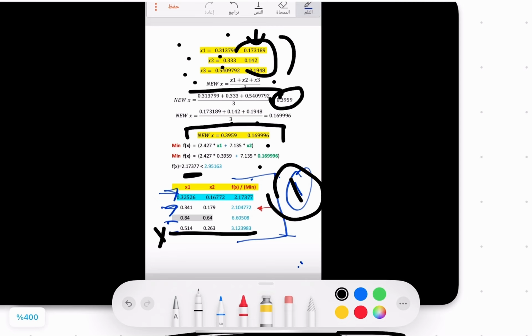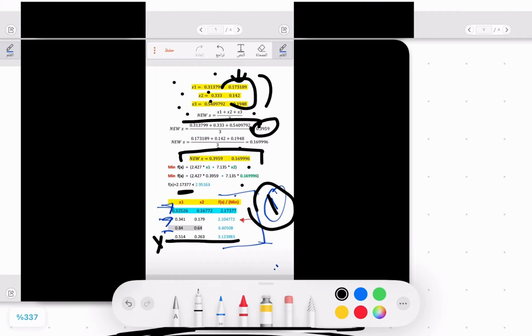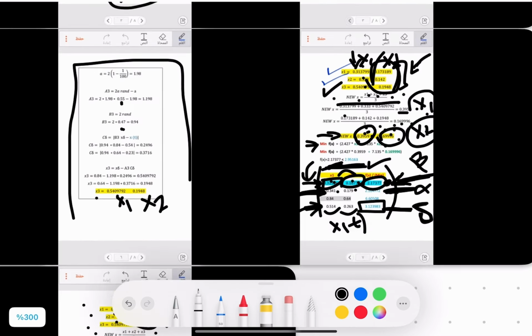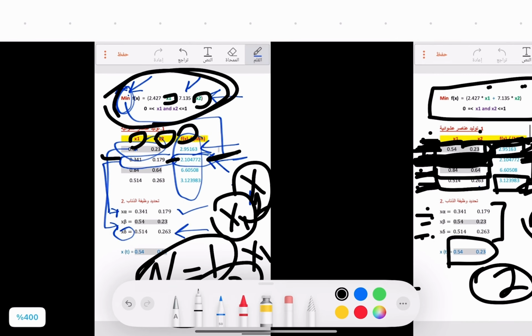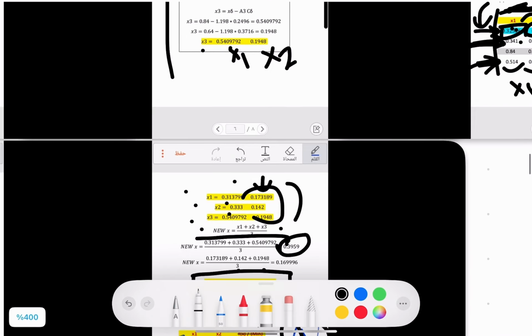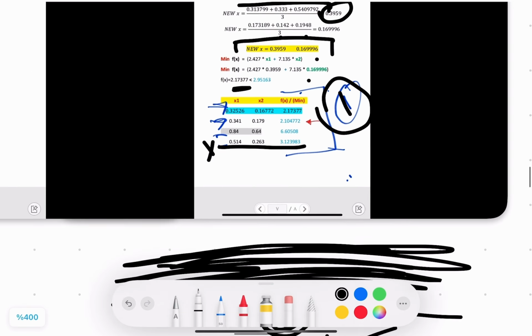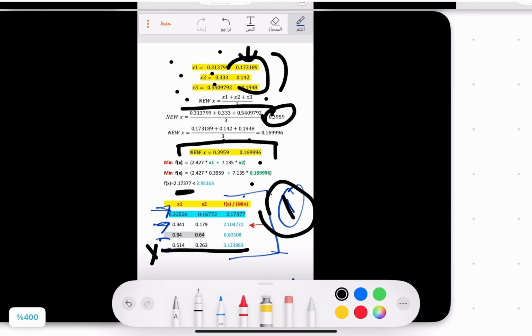Then we're going to start comparing it with the corresponding value of xt2, the second t, which is this number right here, 2.104. So when we come down here, we are comparing the value with 2.104, and if 2.104 is greater than this value we found here, this value should be 2.104.